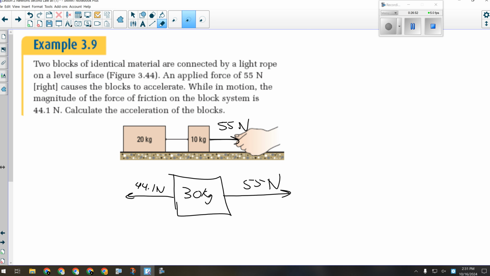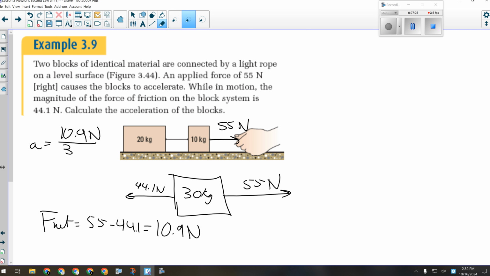Can I calculate the net force on the two blocks? F net is still the vector sum of all forces, so 55 minus 44.1 should give me 10.9 newtons, right? And then they want the acceleration of the blocks, plural. Since they're going together, I would take the net force and divide by the mass of the blocks.